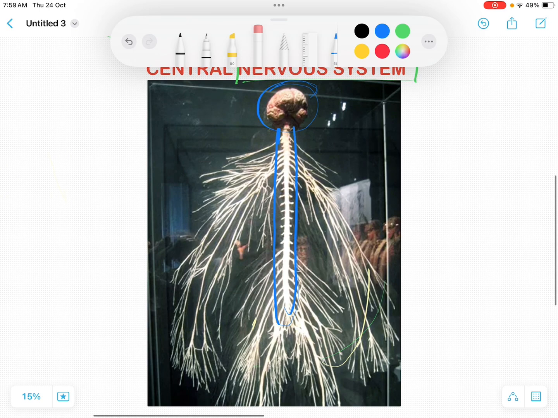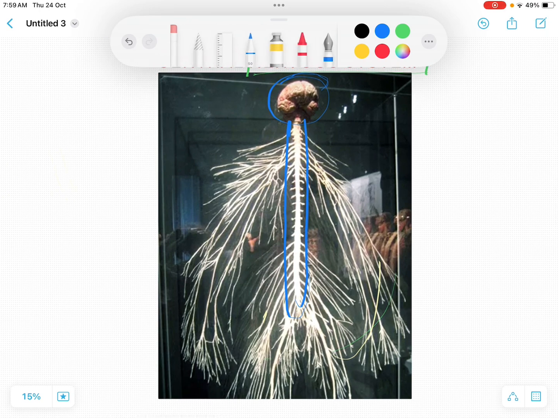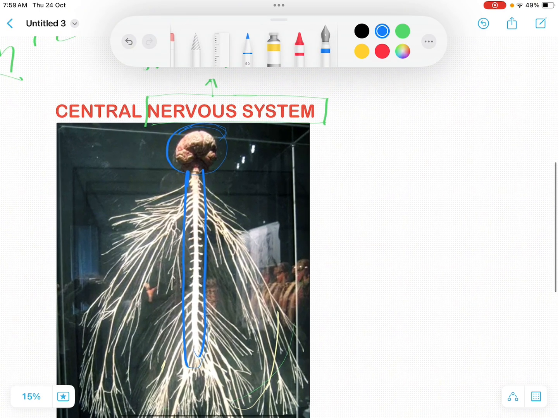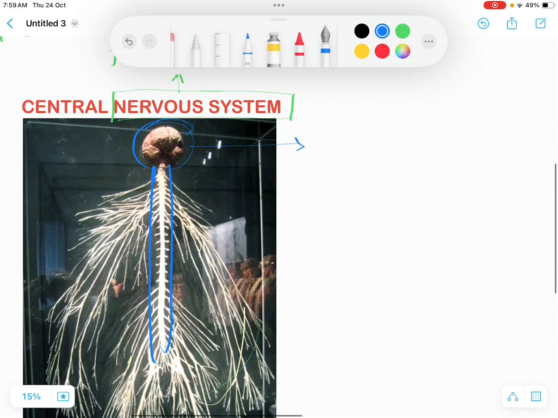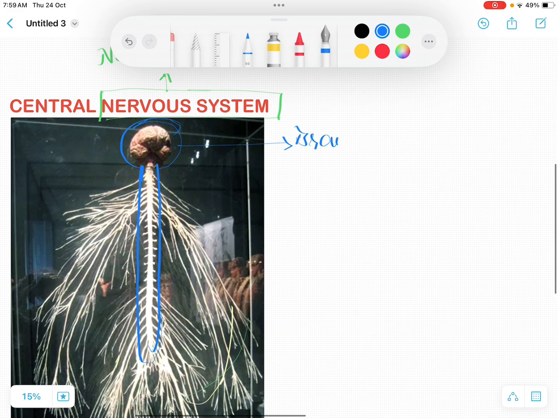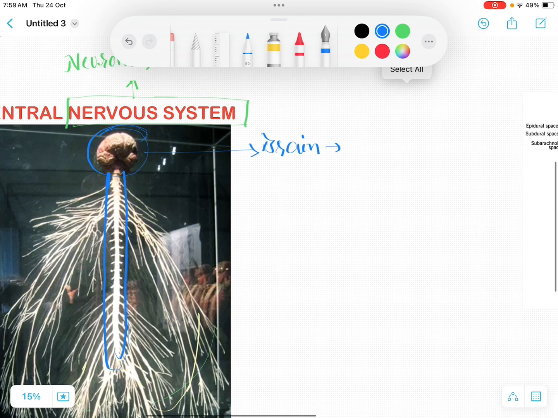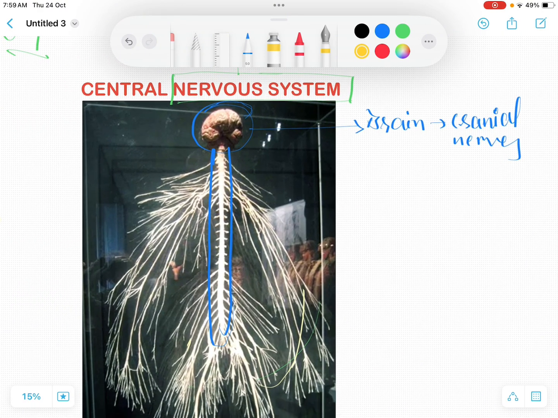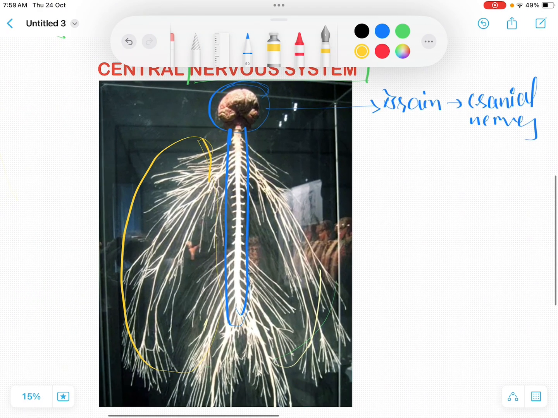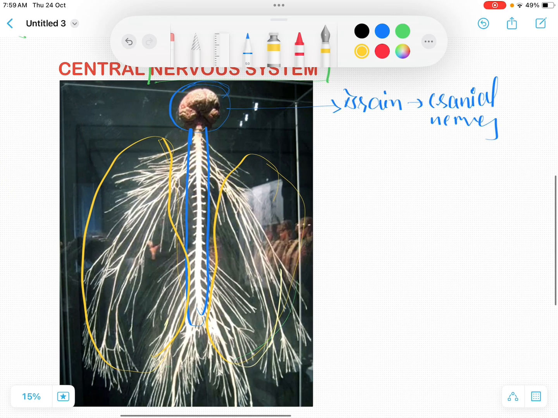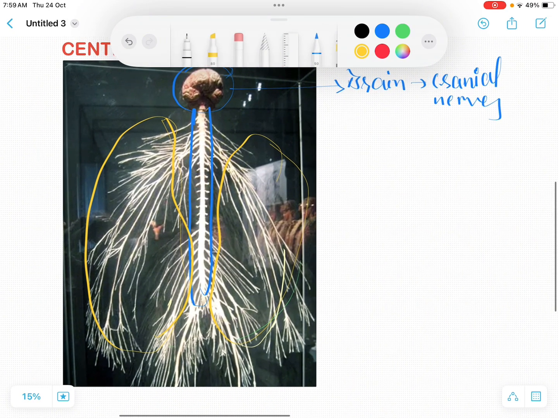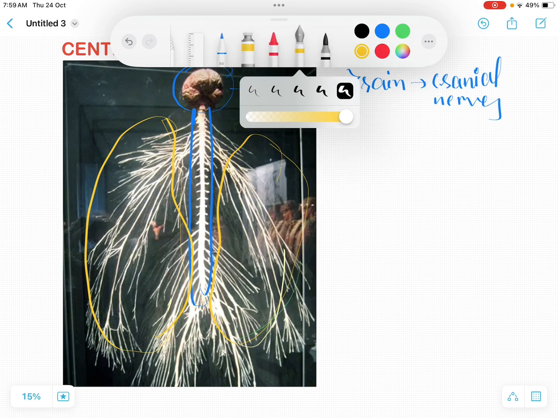From the brain, there are many nerves that arise. Such nerves are called cranial nerves. As you can see here, there are also different nerves arising from the spinal cord.